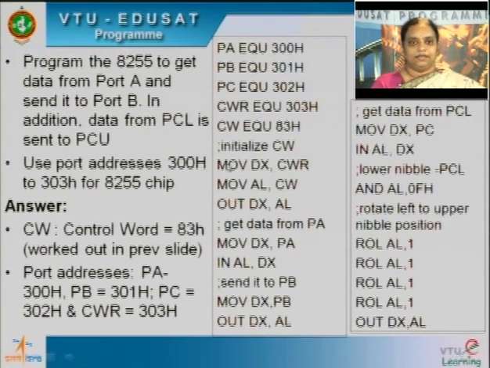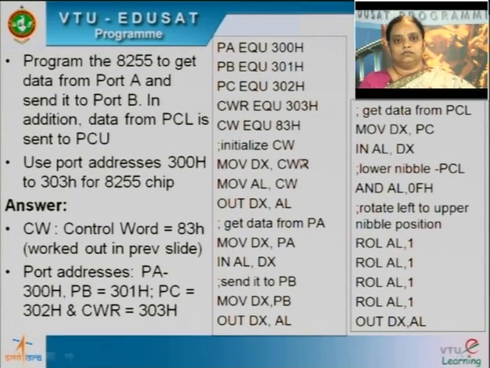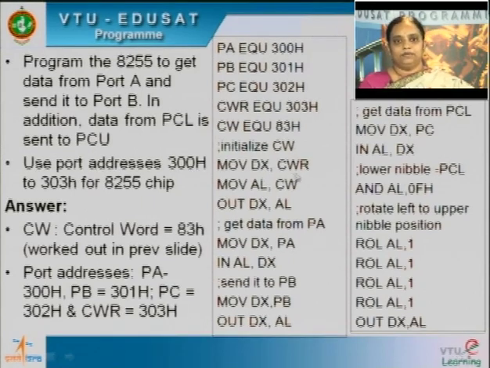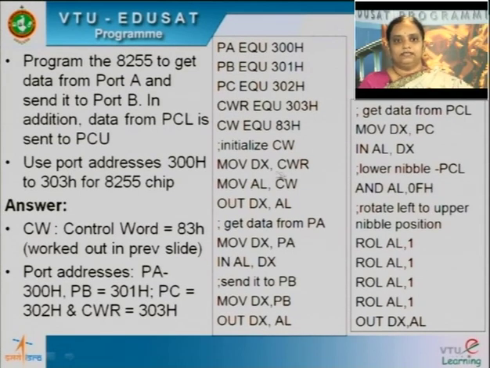The first step that we have to do is initialize a control word. To initialize a control word into the control word register, remember this is a 16-bit address. So if it's a 16-bit IO address, I have to use indirect addressing, wherein DX will have the 16-bit address. MOV DX, CWR. CWR here is 303H.